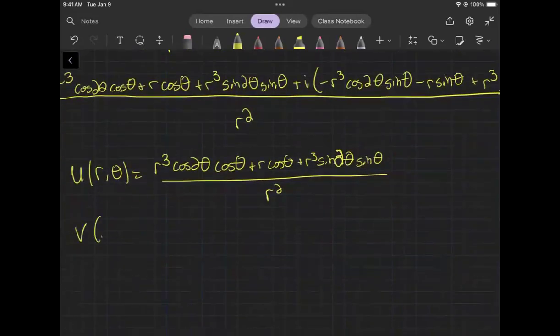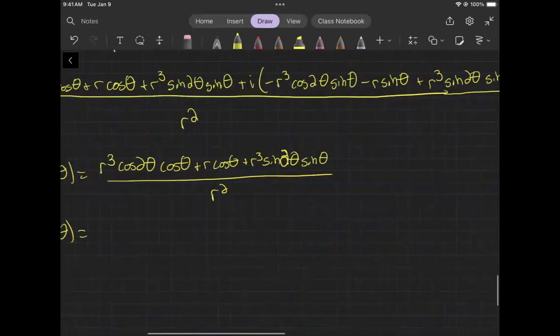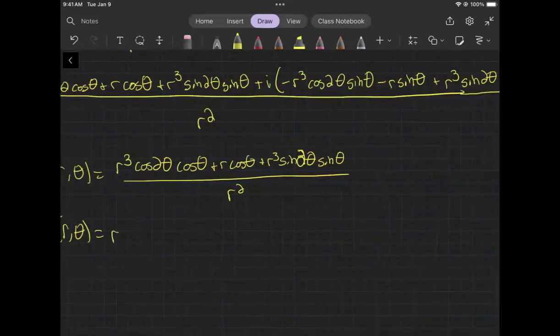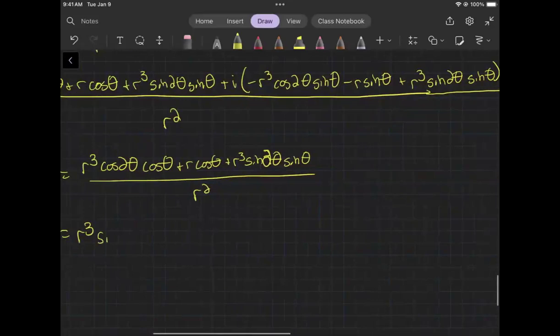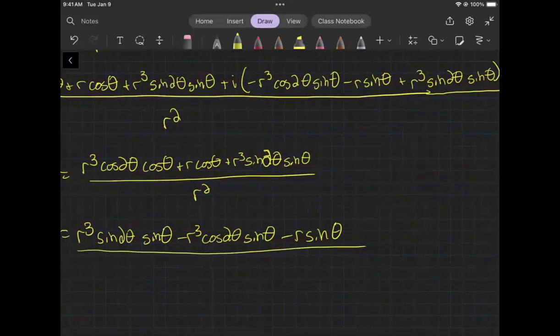And then v of r, theta is equal to r cubed sine 2 theta sine theta minus r cubed cosine 2 theta sine theta minus r sine theta, over r squared. Okay.